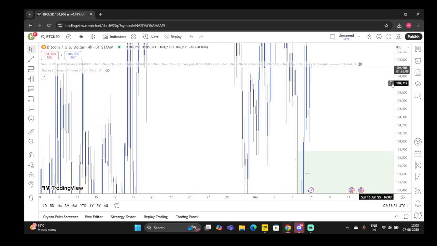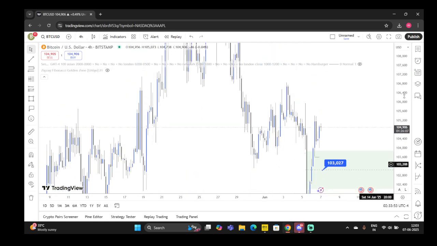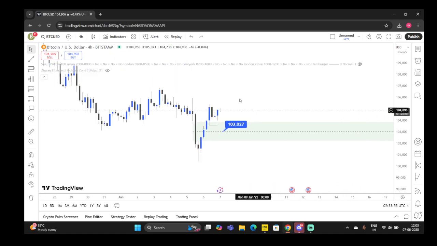So even in 4 hours also, there is no swing to our left side. So in 4 hours, I don't expect an MSS to happen.